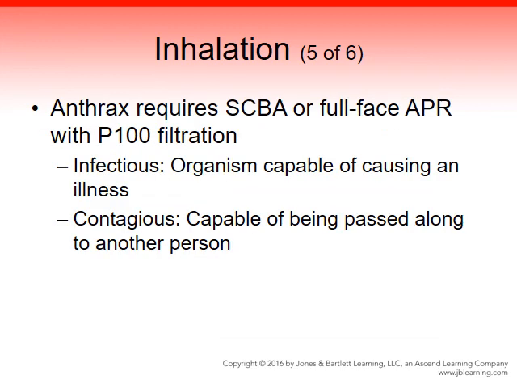If someone encounters anthrax, it requires an SCBA or full face APR with a P100 filtration, meaning it filters everything. Infectious organisms are capable of causing an illness, known as, of course, infectious, and contagious is capable of being passed along to another person. So here's a couple of key terms that we need to remember.